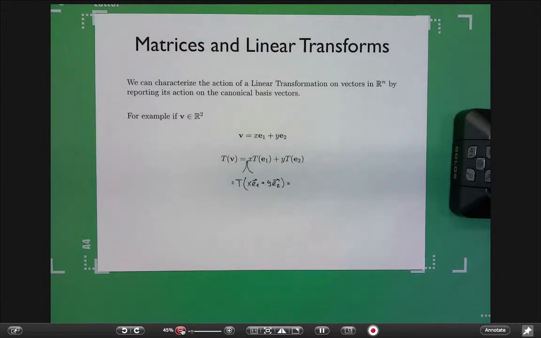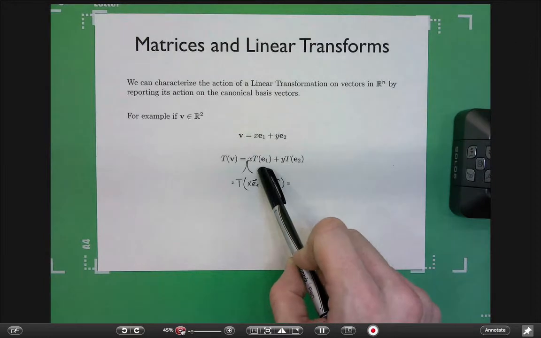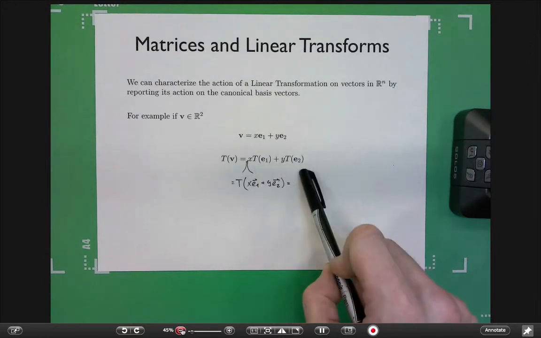It is saying that the action of a linear transformation is entirely captured by its action on basis vectors. The rest is just taking linear combinations. In other words, if I have a linear transformation and I want to understand what it's doing, all I need to know is what the linear transformation does on the basis vectors, right?